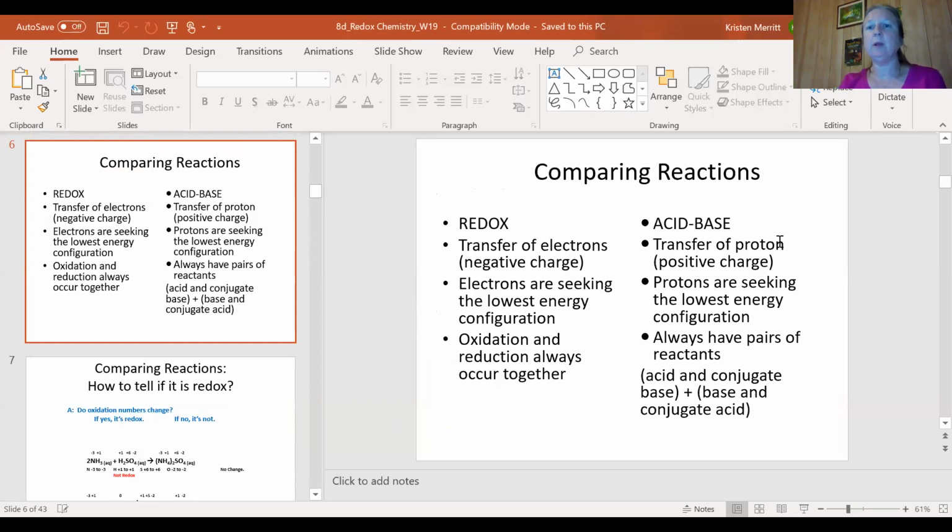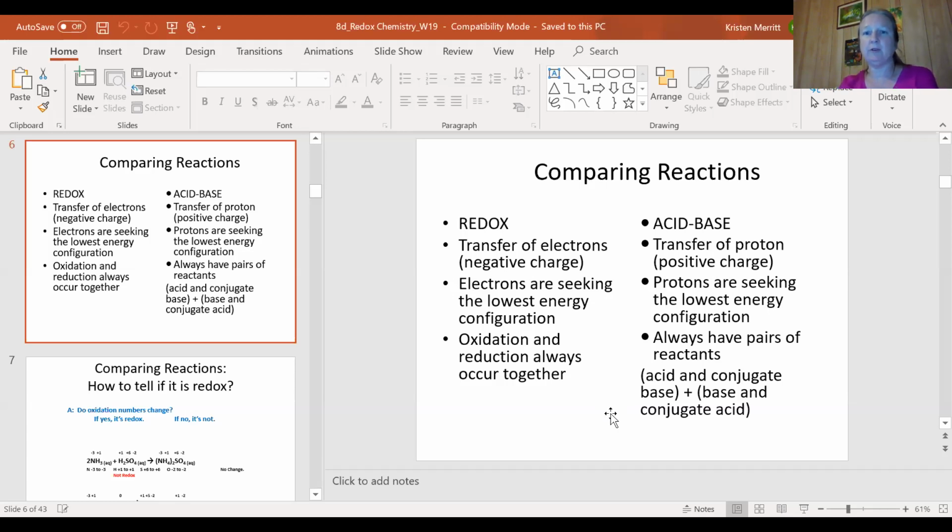In acid base, we have a transfer of protons, so we are transferring the positive charge. Both situations involve something seeking the lowest energy configuration. A reaction happens because your elements are trying to seek the lowest energy configuration. In redox, that occurs with an exchange of electrons, and in acid base, that occurs with an exchange of protons. But they're still looking for the lowest energy, most stable conformation.